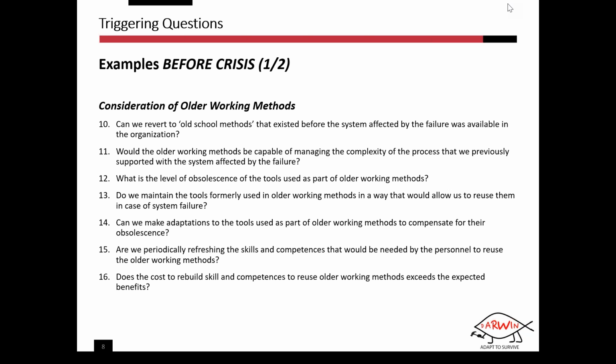So are there really these old methods that can be reused? Would the older working methods be capable of managing the complexity of the process that we previously supported with the system affected by this failure? You may have an older method, but which was fit for different conditions.